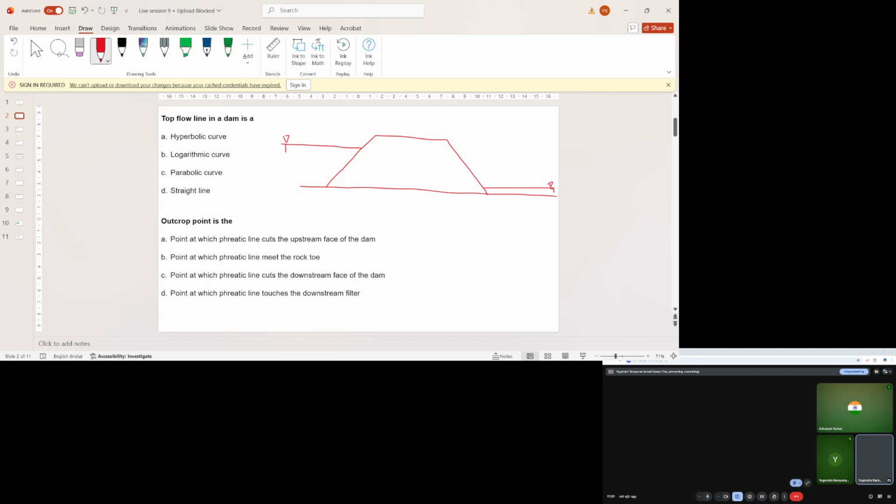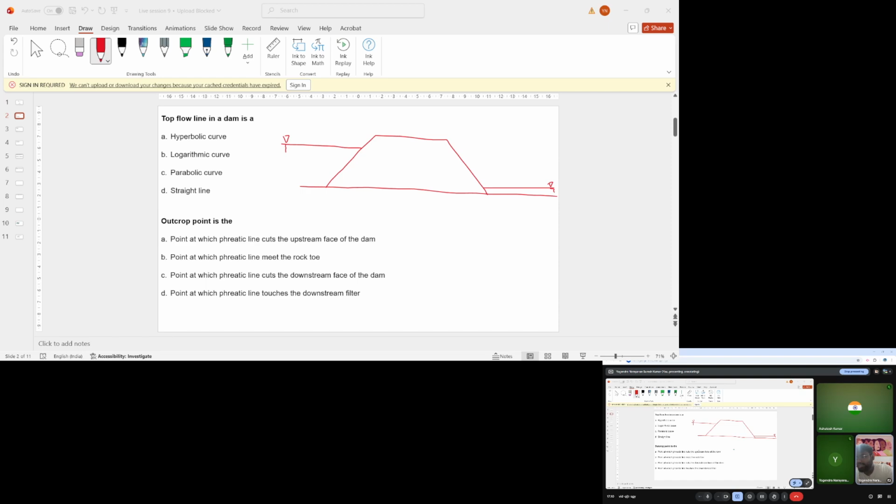The top flow line and the equipotential line are perpendicular to each other. In this figure, which is the first equipotential line? A flow net consists of both equipotential lines and flow lines, right? Yes, sir.